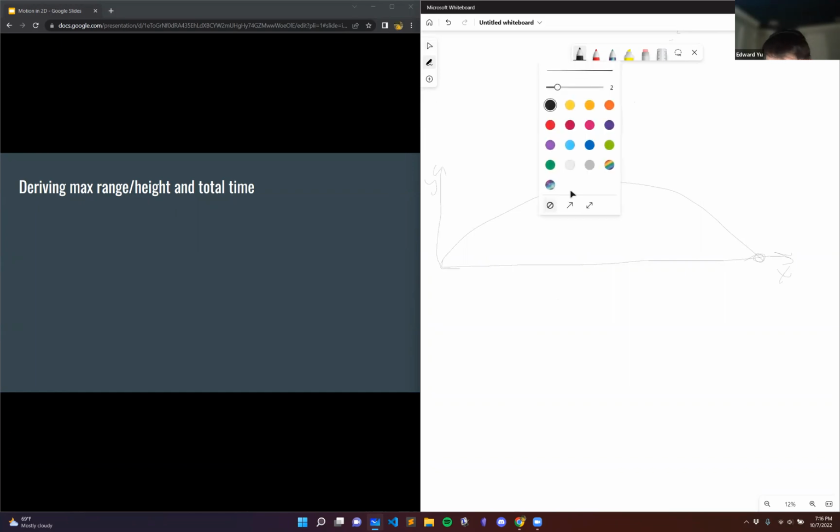For this question, we already know that since this is where we're launching at v initial, vx is equal to v initial cosine theta, and vy is equal to v initial sine theta. To find the max range first, range has to do with the x component.